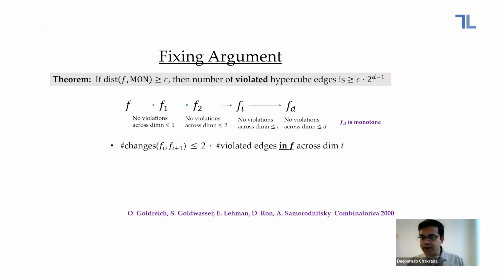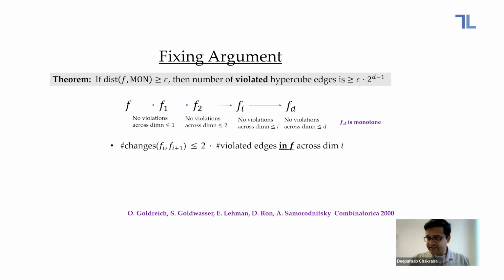And there will be the following important property: when I go from fi to fi plus 1, I'll make some changes. But the number of changes will be no more than the number of violated edges in f across that dimension times 2. So when I'm going from fi to fi plus 1, the number of changes I make will be charged to the violating edges across this dimension in the original function f.